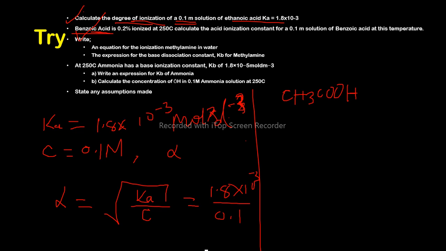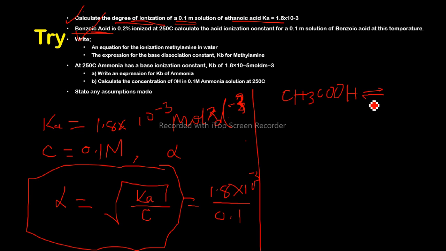If you don't still remember this formula, you can still derive it. You start from the acid, you ionize it, and then you produce your ethanoate ions and the hydrogen ions. At the start you have a 0.1 molar solution, and 0 of this and 0 of that.